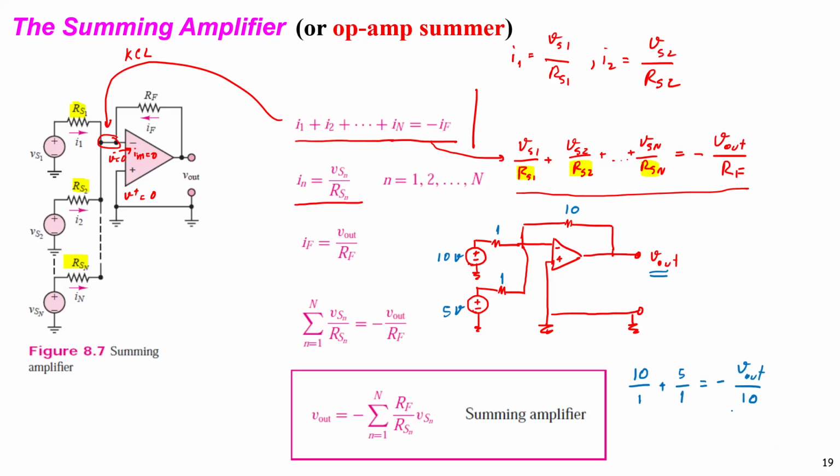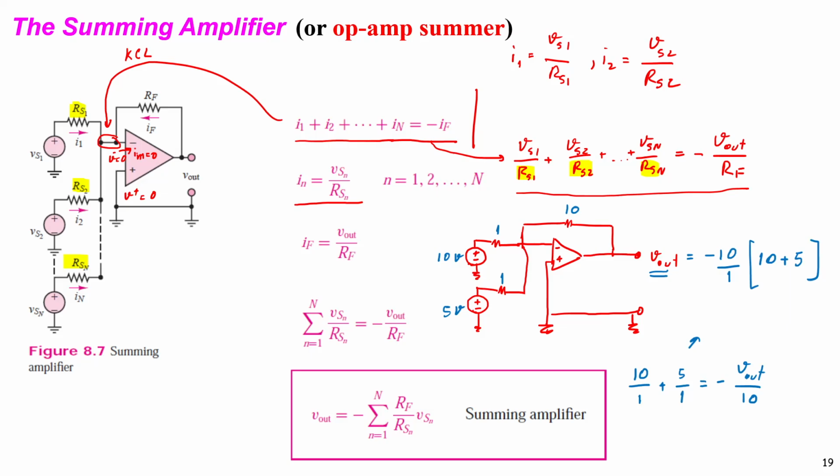So in this case, V out is minus 10 divided by 1 into 10 plus 5. This is the negative gain, multiplied by the summation of the input voltages, so we call it a summing amplifier.